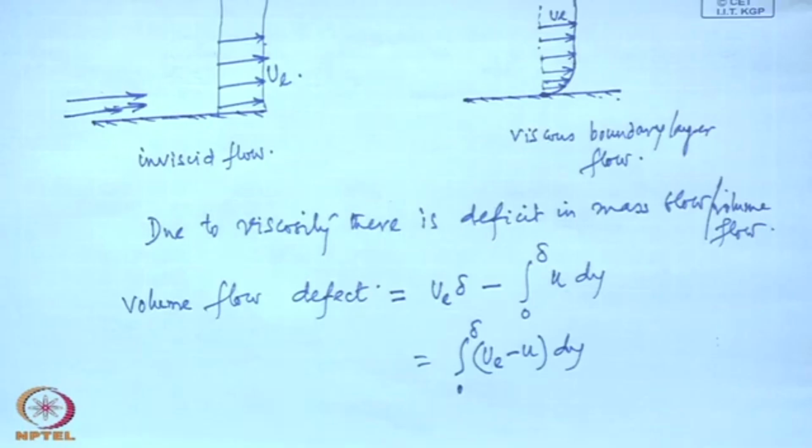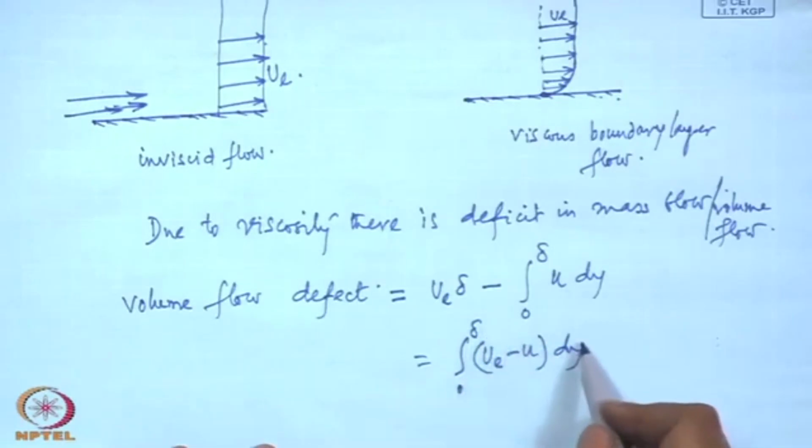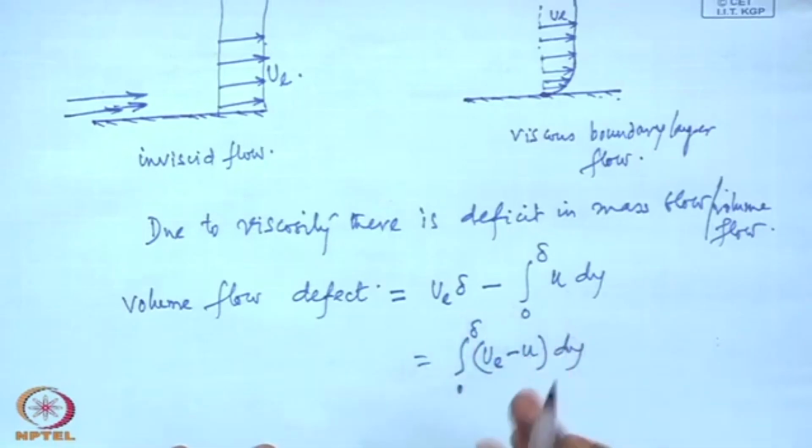but we really do not know delta. So, this upper limit delta is really not a preferable quantity, we do not know what it is. However, we know that when y is more than delta, then u e minus u is 0. There is no difference between u e and u. The viscous flow and inviscid flow are the same when y is more than delta. So, for y greater than delta, this integrand becomes 0.